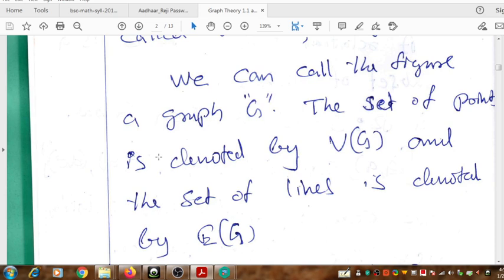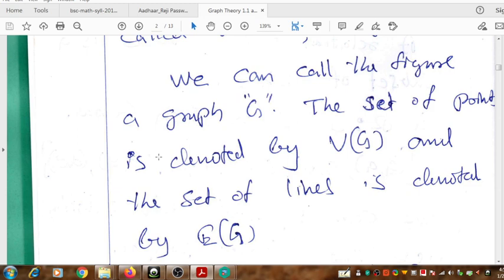The set of points in the graph we will represent by V(G), where G is the letter used to represent the graph, that figure. The vertex set of that graph will be represented by V(G).